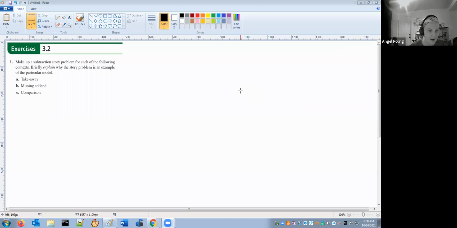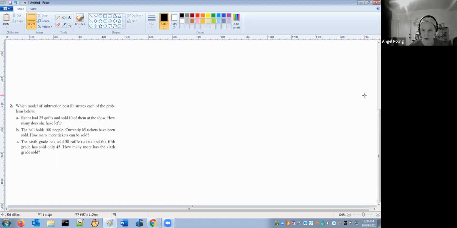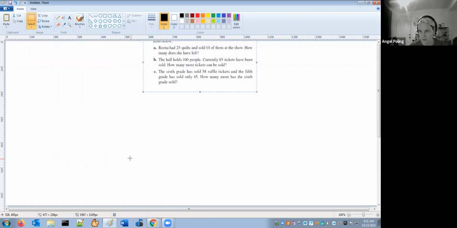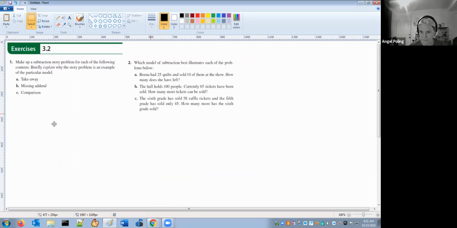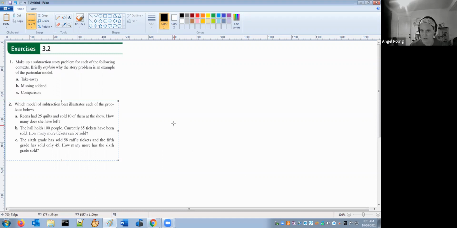Now, having practiced the different models, let's decide which ones in number 2 are which. So let's bring our 2 up. Okay, which of the models of subtraction best illustrates each of the problems? Rena had 25 quilts and sold 10 of them at the show. How many does she have left? That appears to be the takeaway model, right?